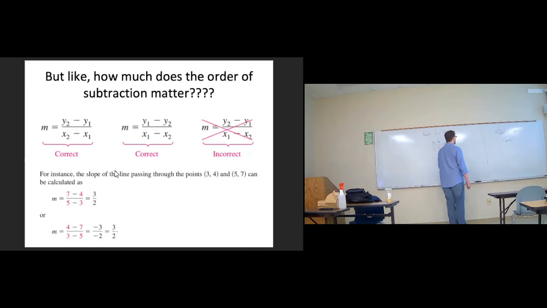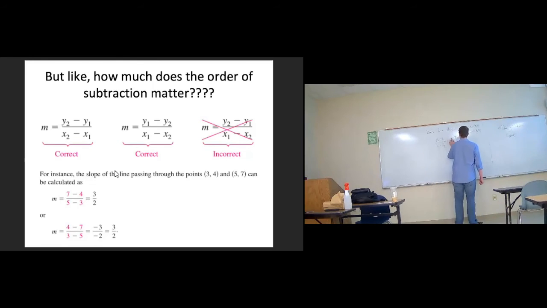In our example, if we're calling x1, y1, 3, 4, and x2, y2, 5, 7, then taking the difference in a different order, you're going to have 4 minus 7.